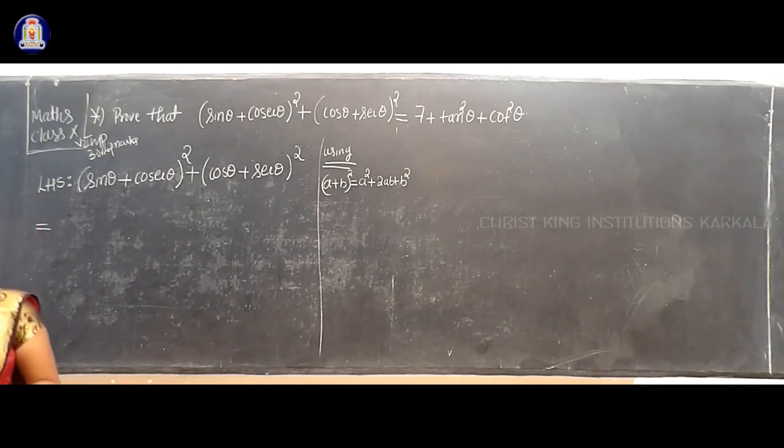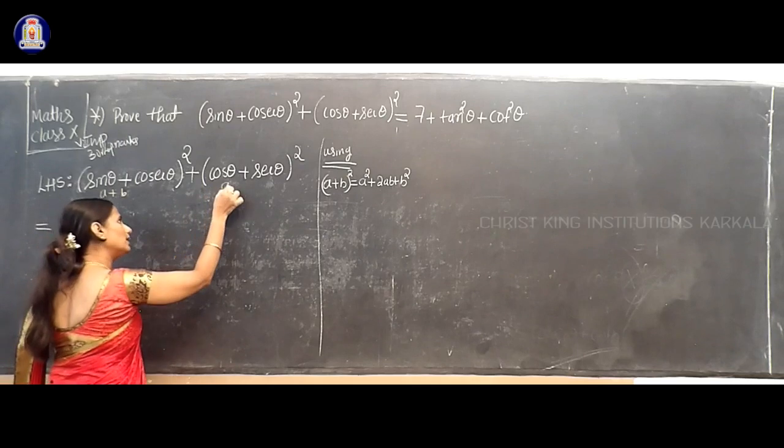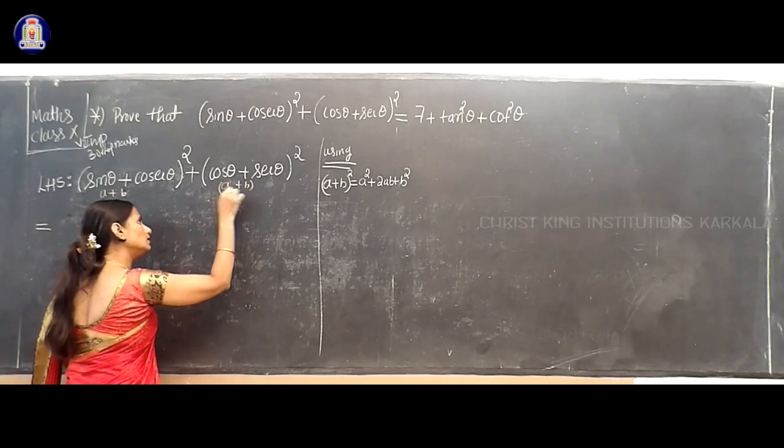What is the a? A is sin theta, and this is also (a plus b) whole square.